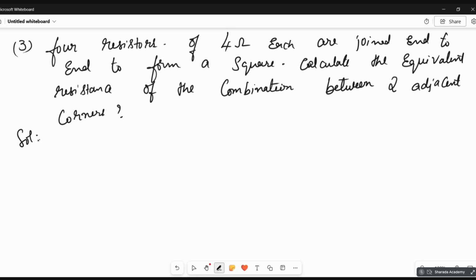Try this. This is also an exam question from 2016. Now, calculate the equivalent resistance of the combination between two adjacent corners.